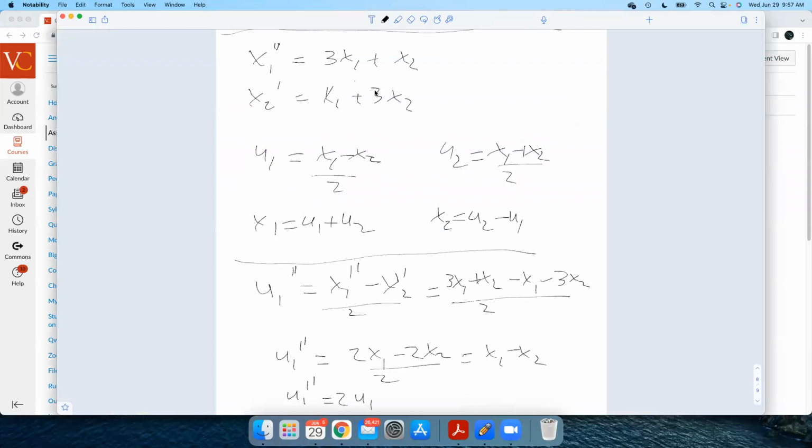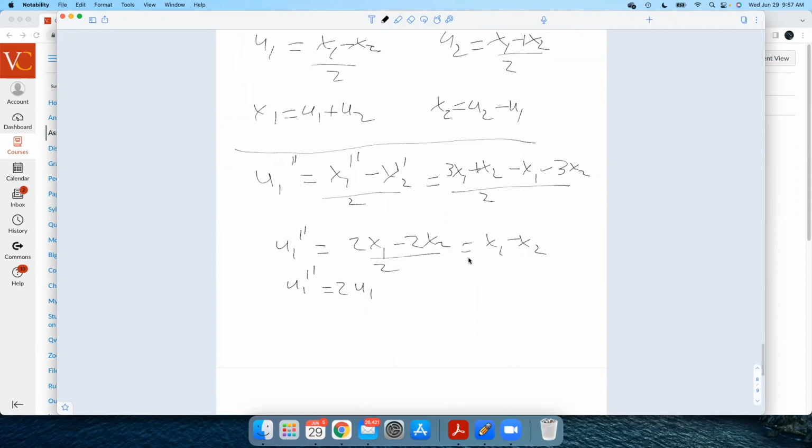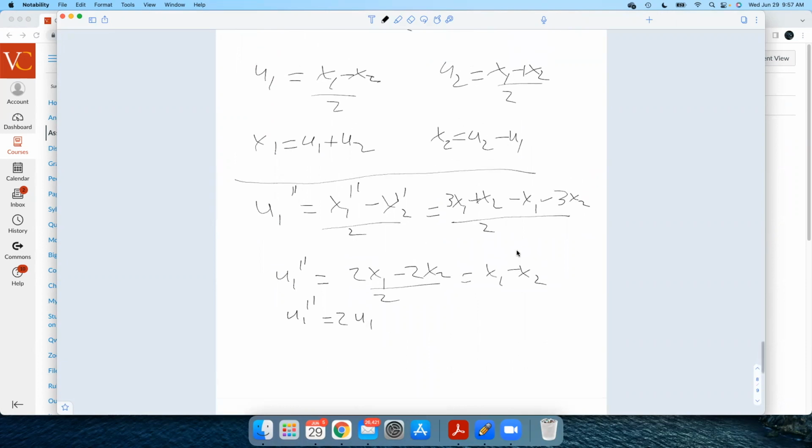Which is why we have to go through this, because we don't have tools for solving second order systems. So if we couldn't decouple it, we wouldn't know how to solve this. So let me make sure that's right. Yeah, if I take twice this, yeah. Okay, so there's u1 double prime.